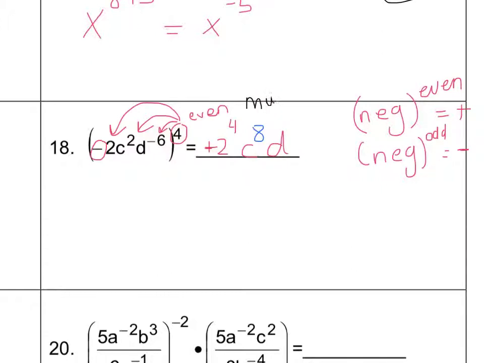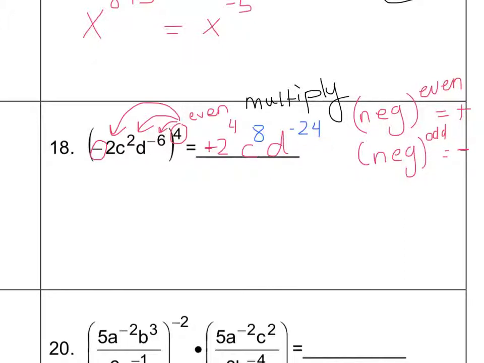Remember, multiply the powers if it already has a power and is raised to a power. So negative 6 times 4 is a negative 24. So the negative becomes a positive since it's an even exponent. c already has an exponent, so you need to multiply those two to get 8. d already has an exponent, so negative 6 times 4 is a negative 24.